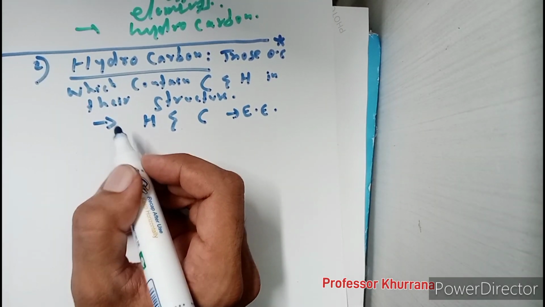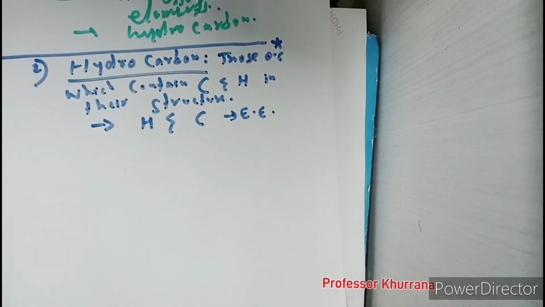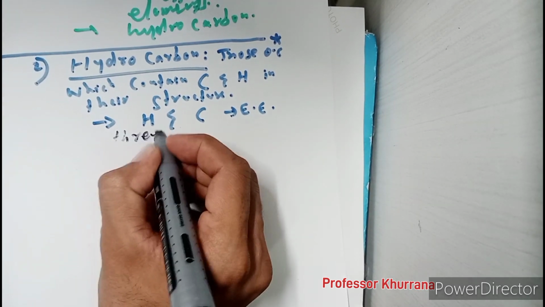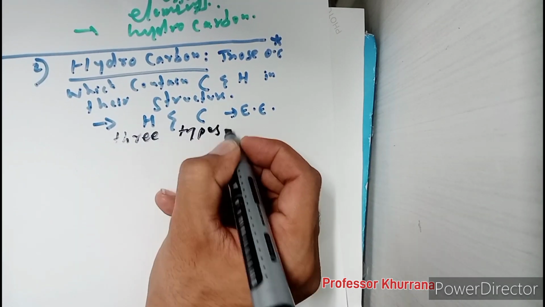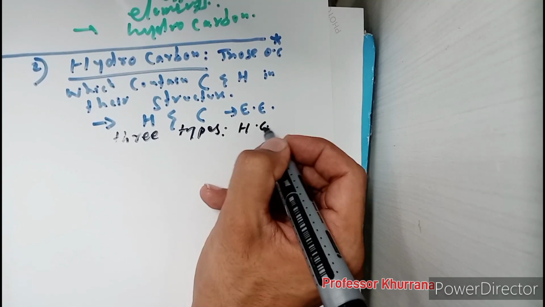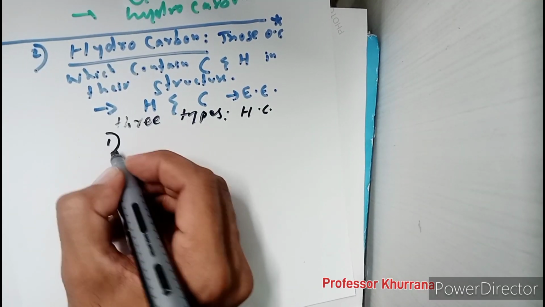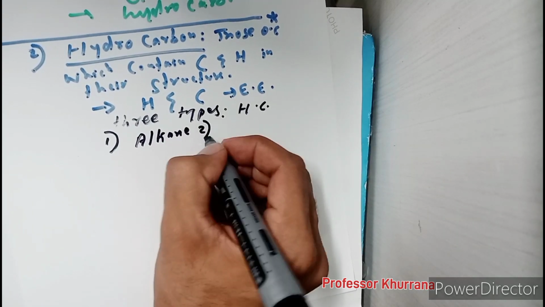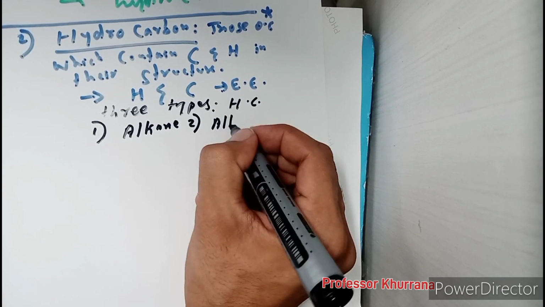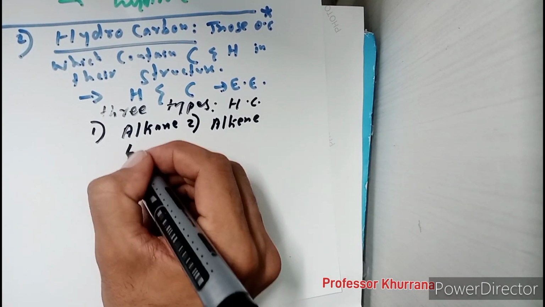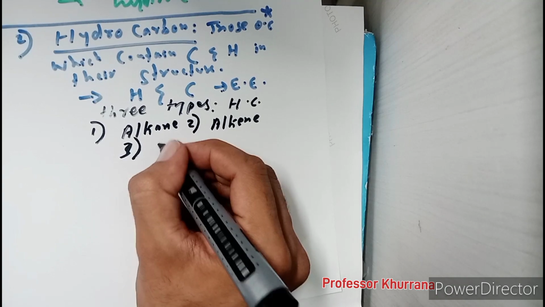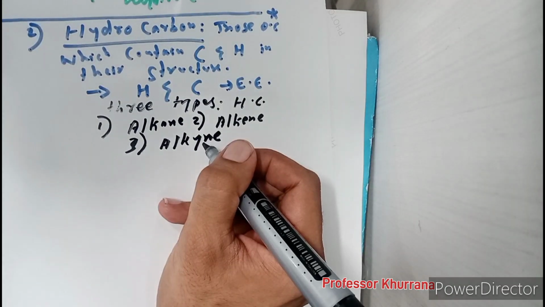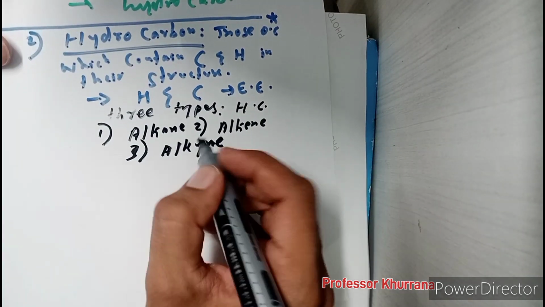Now hydrocarbons have 3 types. Number 1 is alkane, number 2 is alkene, and number 3 is alkyne.